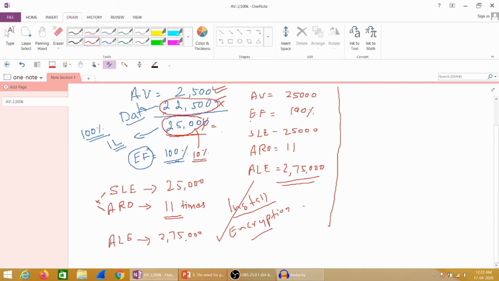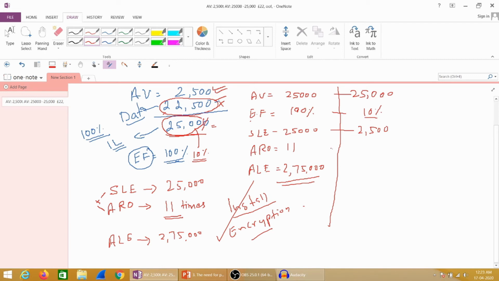Let us write it here. Again, asset value is the same, 25,000. Exposure factor is 10%. It got reduced because we provided a safeguard. Single loss of expectancy is not 25,000 rupees. It's only 2,500 rupees because it's only 10% of the asset value.